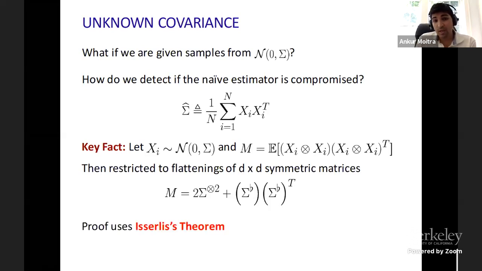It's proved using something called Isserlis' theorem or Wick's formula, which relates the moments of a Gaussian to matchings. It turns out that there's a relationship between the fourth moment of a Gaussian and matchings in the complete graph on 4 nodes. What happens is that M really has 3 different kinds of terms that correspond to the 3 perfect matchings in a complete graph on 4 nodes. 2 of the matchings look like the sigma tensor 2, and one of them looks like sigma flat times sigma flat transpose.